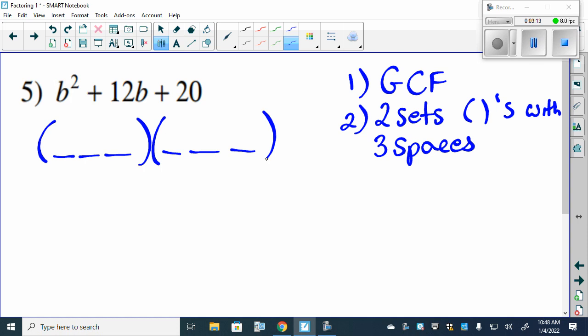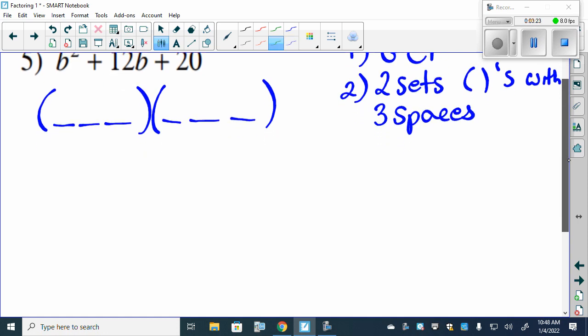This is really setting us up for factoring, for where we can plug our terms in, with steps 1 and 2.